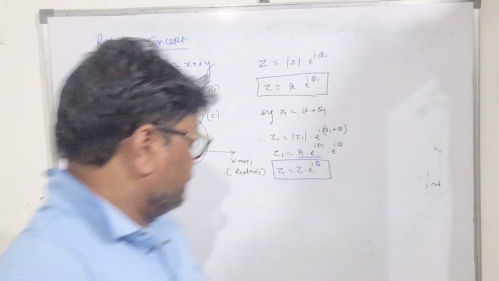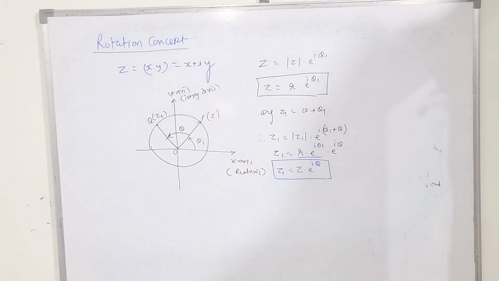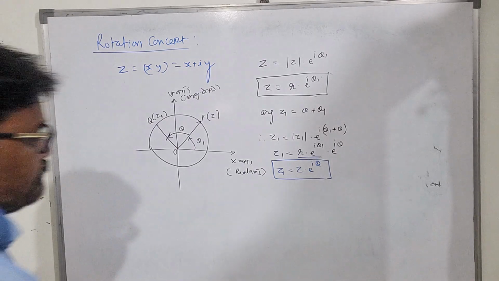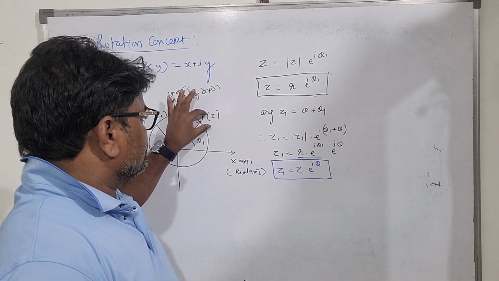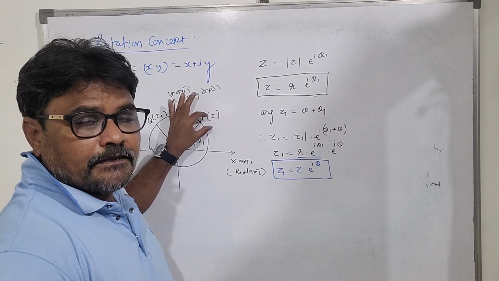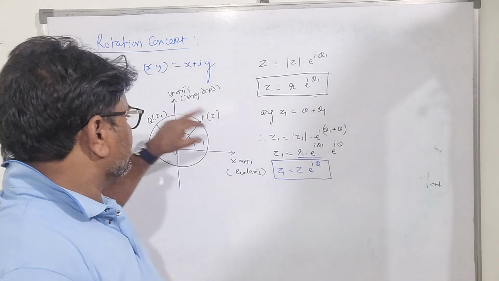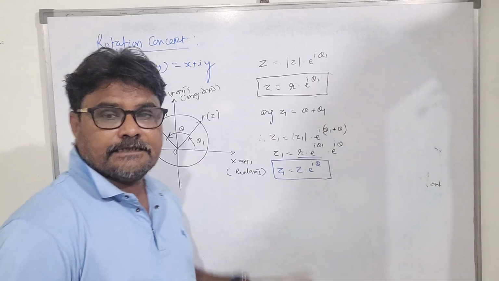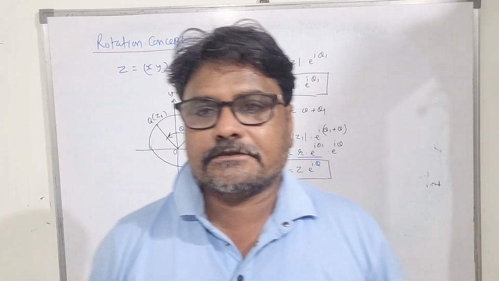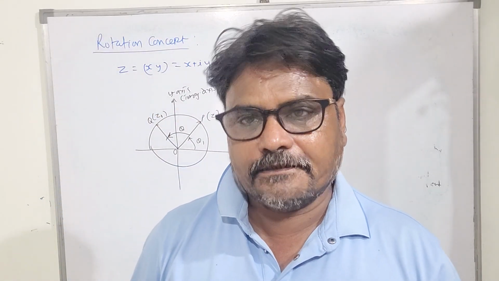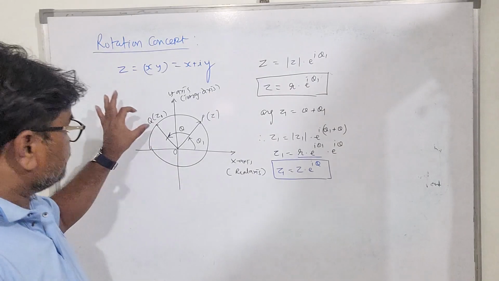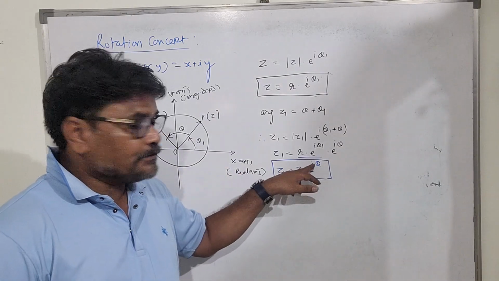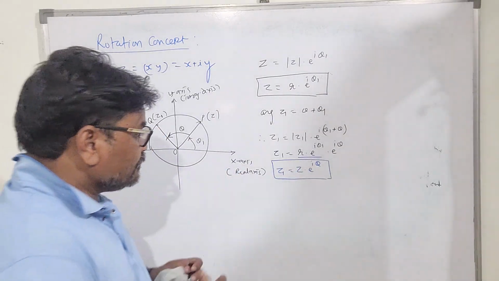Now you can very easily understand the rotation concept. What we are observing here is that Z is a complex number, and we got this complex number Z1 after rotating Z in the anti-clockwise direction by theta degree, correct? So Z1 can be written as Z into e^(iθ).